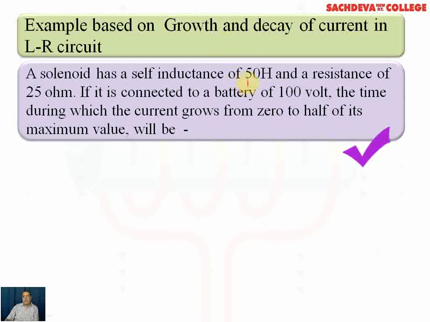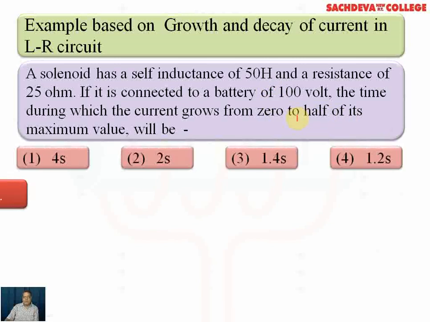Self-inductance means the value of L is given, and the resistance is 25 ohm. It is connected to a battery, a source of direct current, of 100 volts. The time during which the current grows from 0 to half, not 0 to maximum, so 0 to half of its maximum value.